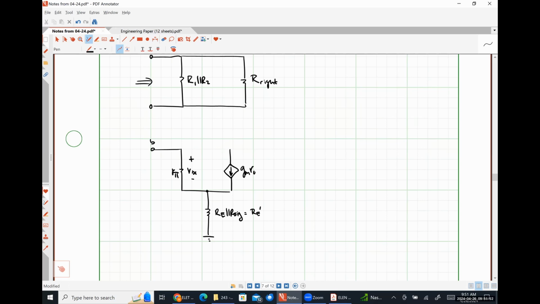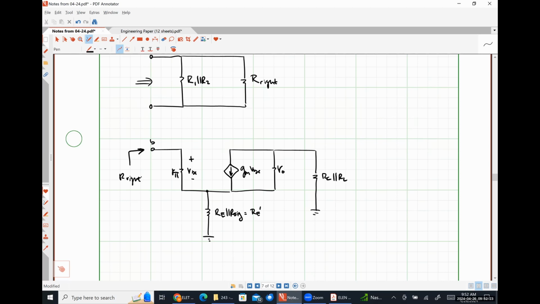Here's gm vbe, R naught, and RC in parallel with RL. And we're looking in here to find what I called R right.